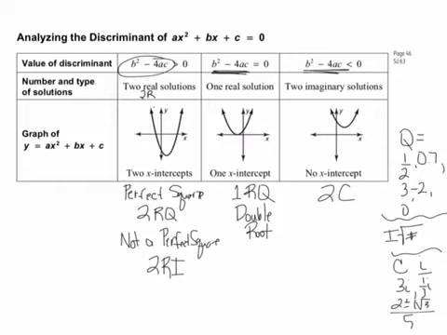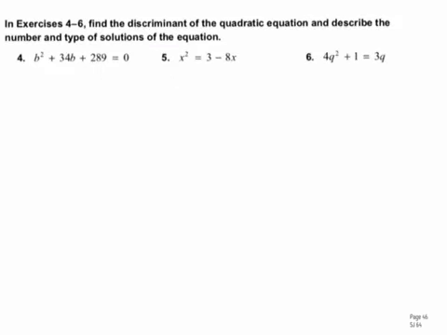Okay, so I actually skipped examples 1, 2, and 3 and went straight to 4, 5, and 6 so we can talk about the discriminant more. Then we'll go back to 1, 2, and 3. It says in exercises 4 through 6, find the discriminant and describe the number and type of roots.